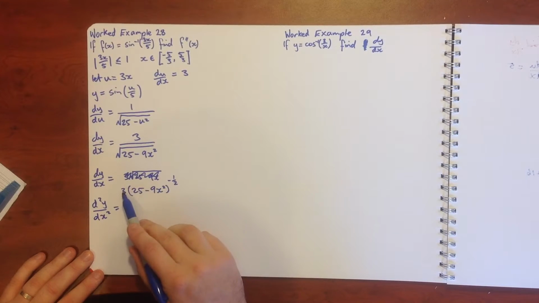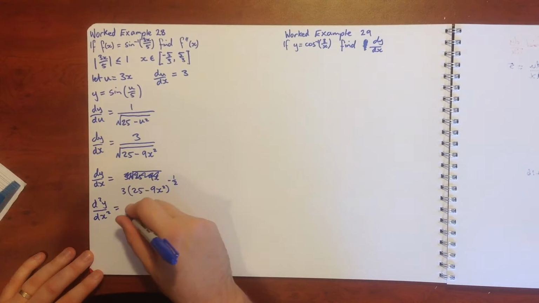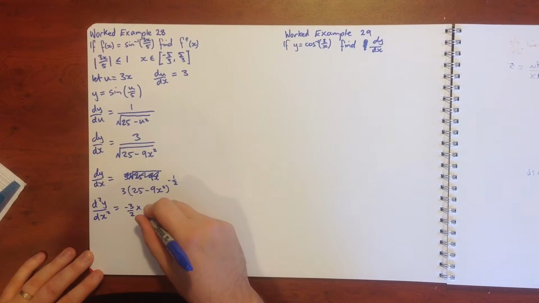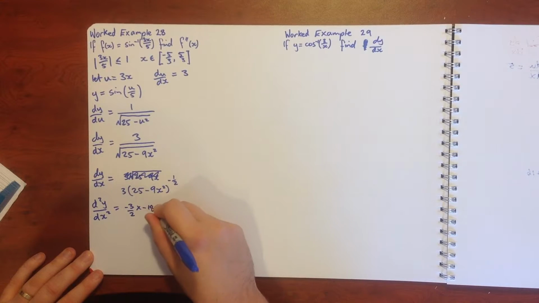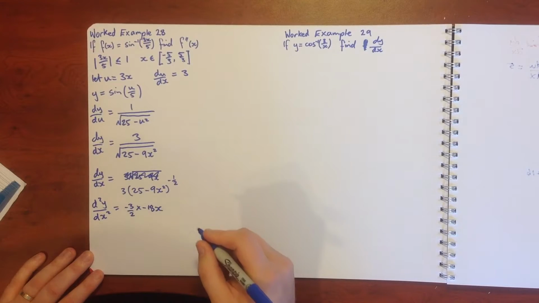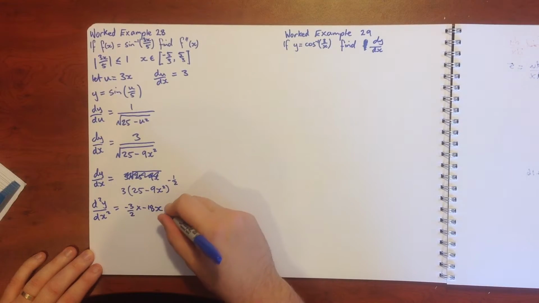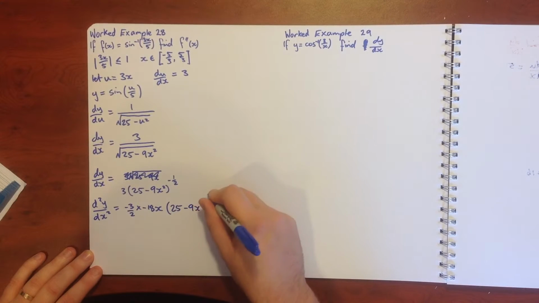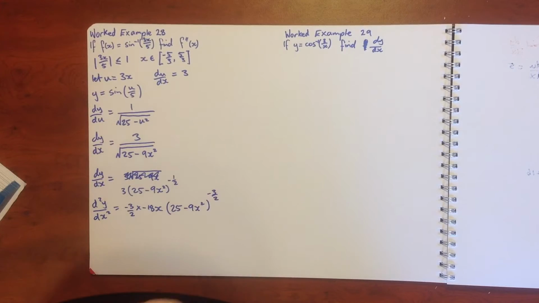Okay, so we go 3 times our negative a half gives us negative 3 on 2, times by the derivative of what's inside here. Okay, we'll make our 2 comes down, so it makes it minus 18x. Okay, and then we've got times by 25 minus 9x squared to the power of negative 3 on 2.